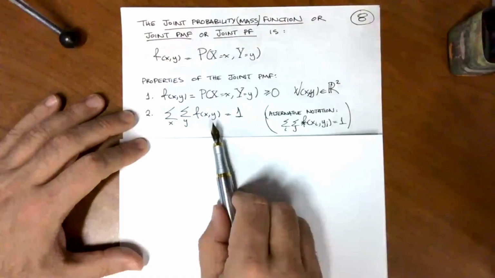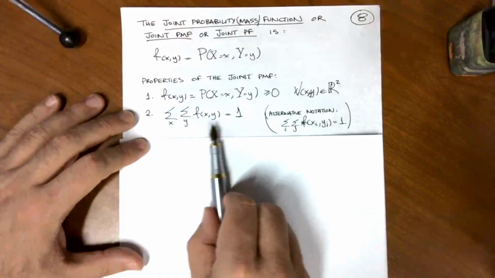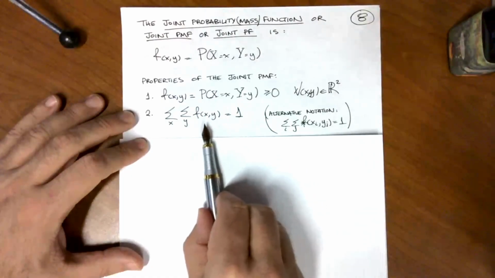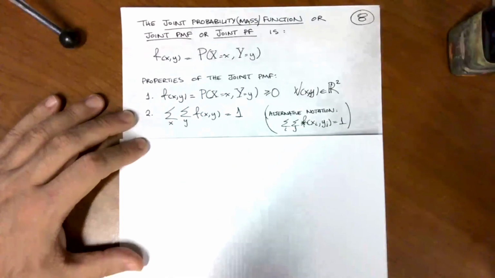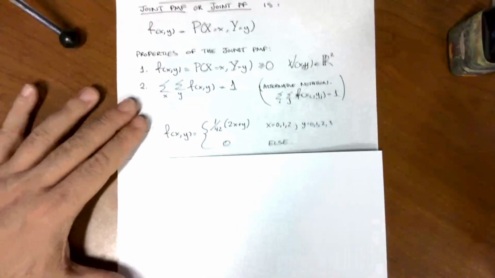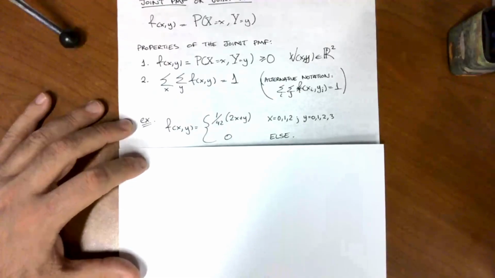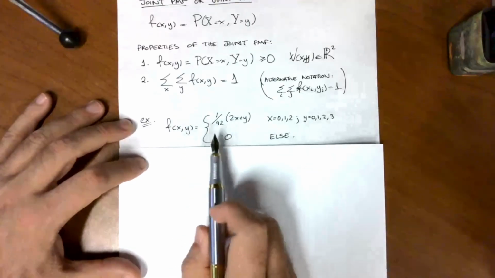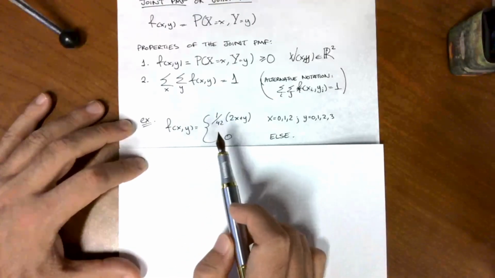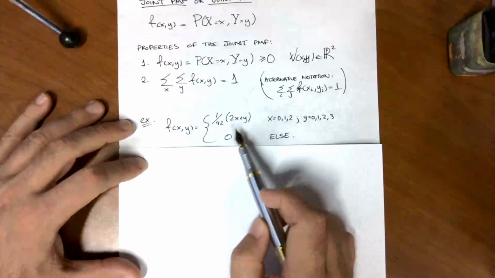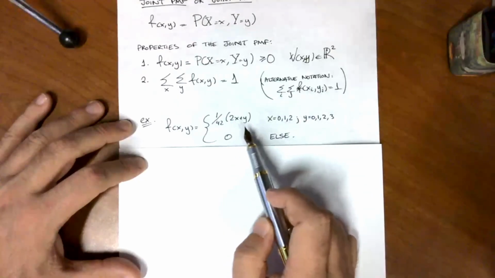Note here that the summation has to happen with respect to both arguments in the function, both with respect to x and with respect to y. Let's use an example here. Let's say that this PMF is defined as follows: f of x comma y is equal to 1 over 42, and in the parentheses multiplied with 2 times x plus y.